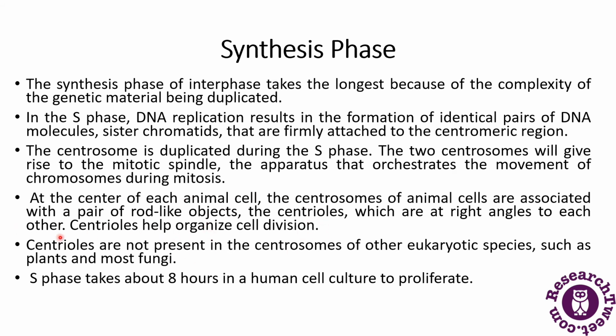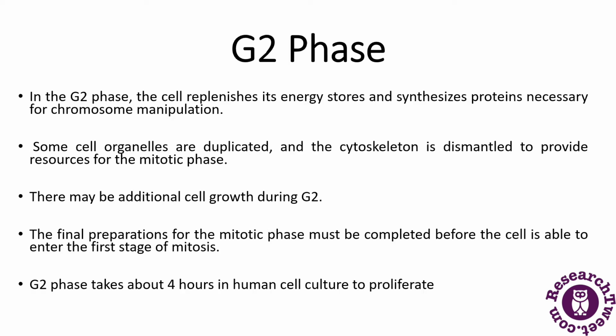Centrioles are not present in the centrosomes of other eukaryotic species such as plants and most fungi. The S phase takes about 8 hours in a human cell culture. We discussed that the G1 phase takes about 11 hours, but the S phase takes about 8 hours.